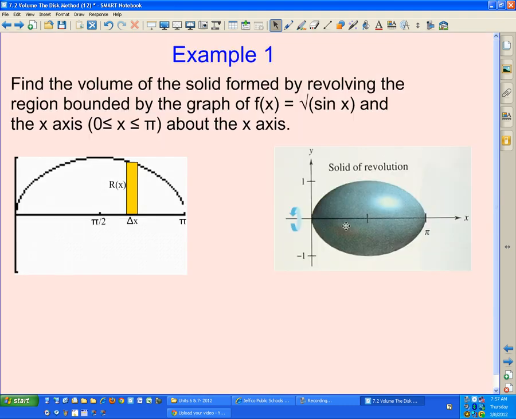This is my example that I'm going to give you guys today, and we're going to find the volume of the solid that is formed by the equation the square root of sine of x. We're going to go from 0 to pi, and it's going to be spun around the x-axis. So if I spin it, this is what it would look like. It would really look like a football.